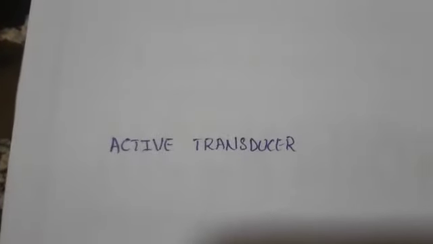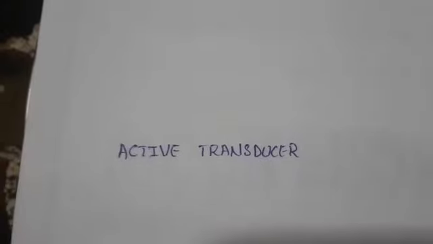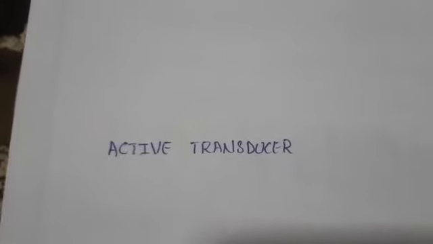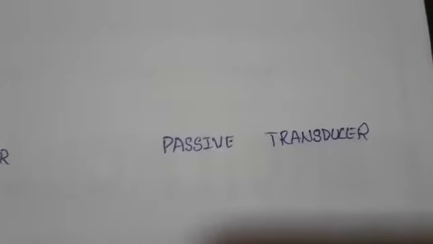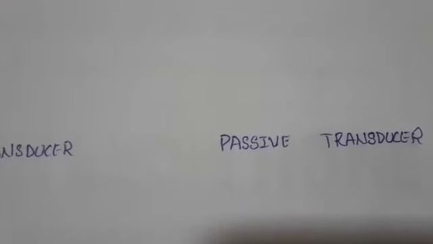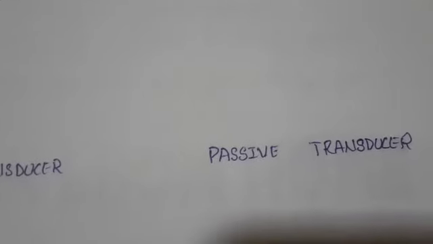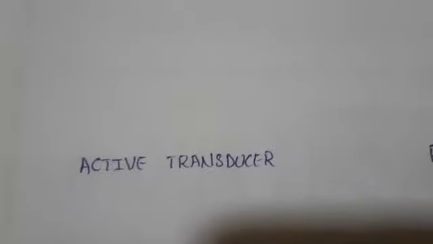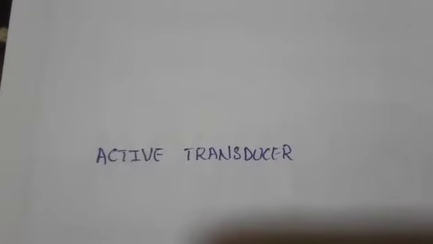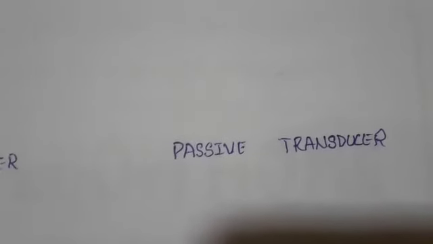Active transducers produce an output in the form of electrical potential or current, whereas passive transducers produce an output in the form of change in resistance, inductance and capacitance. Active transducers do not require an external energizing source. Passive transducers require an external energizing source.